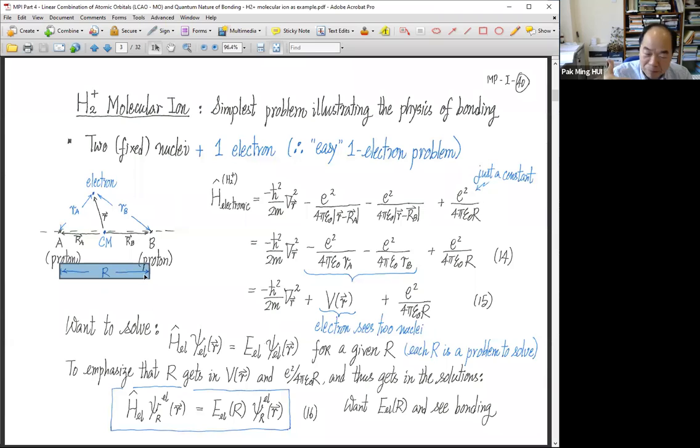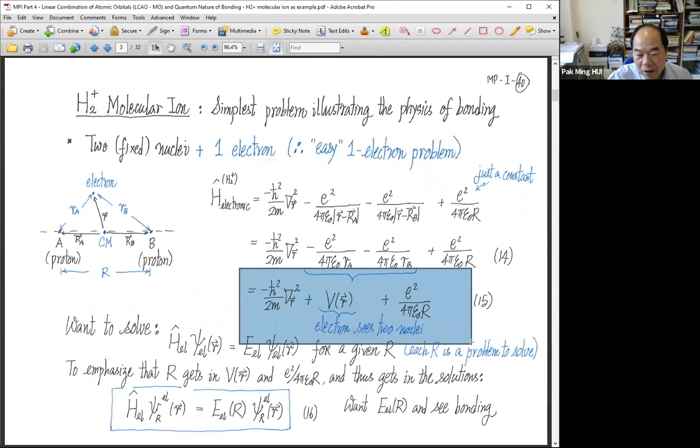So we have to repeat this problem many times. Therefore, we can label it as, you give me an R, there is an eigenstate, and then there is some eigenvalue. Then I need to repeat for a different R, then I have a different eigenvalue. So at the end, I have the curve, okay? So equation 16 with this Hamiltonian will be our problem.